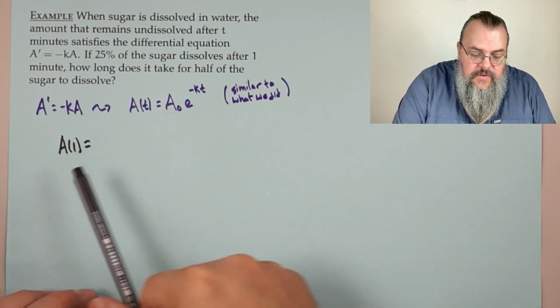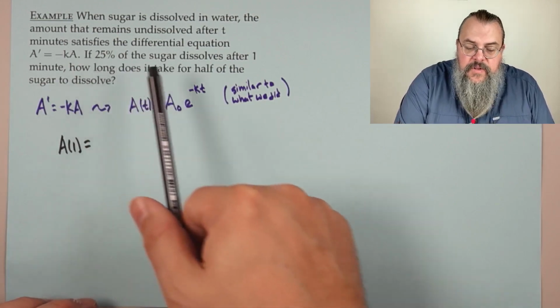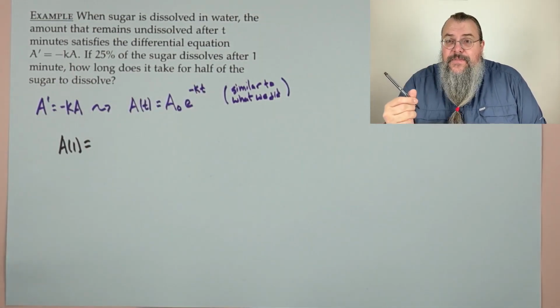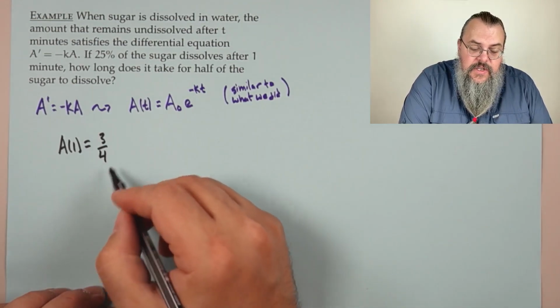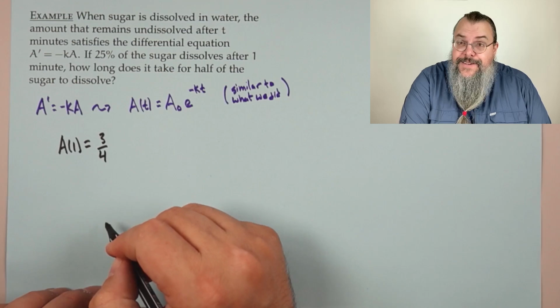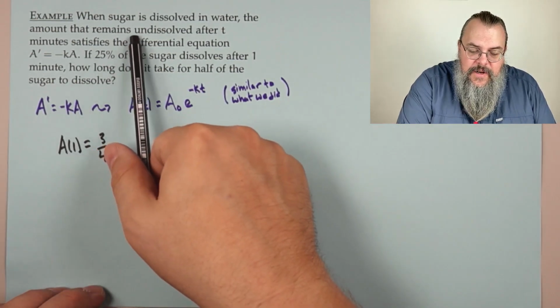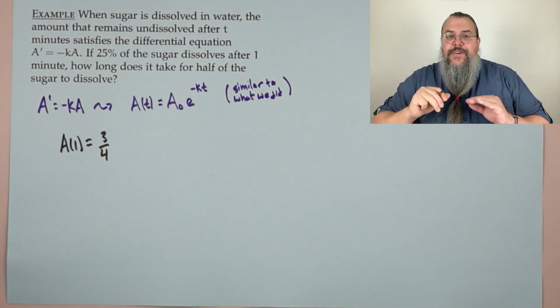A is the amount that's undissolved. So 25% has been dissolved. So how much has not been dissolved? The answer is 3/4 has not been dissolved. You have to think about this, because we have undissolved versus dissolved, and essentially they balance out.